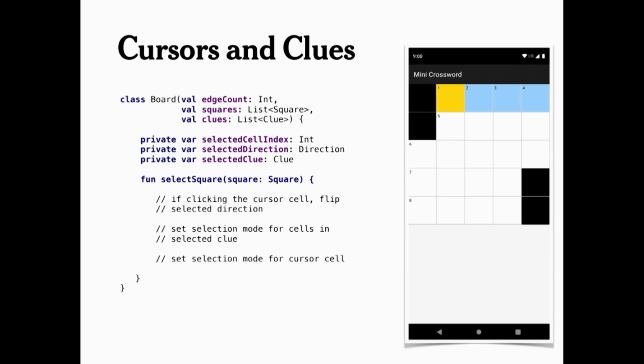If you're clicking that corner cell or the cursor cell, this is how we flip directions. So when you click the cursor, you go from across to down. When you select your cursor, we select the selected clue and highlight it, and then finally we update the selection mode to show your brand new cursor.